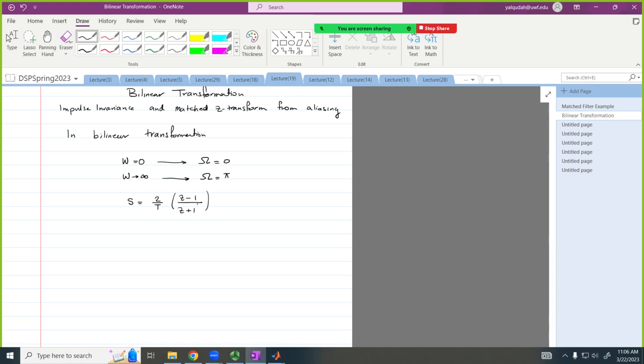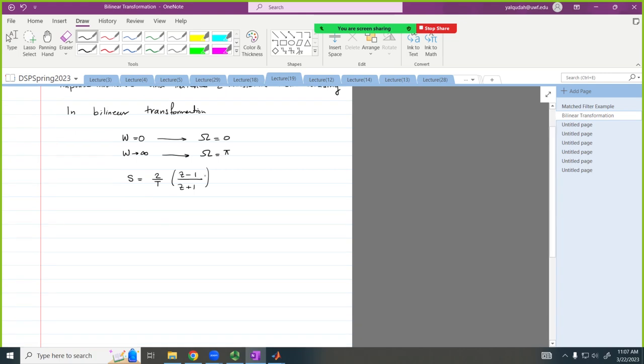What I'm saying is that if you design an analog filter, then replace S with this formula, 2 over T times (z minus 1) over (z plus 1), then your filter that goes from 0 to infinity is going to be transformed into a filter that goes only from 0 to pi. What does that mean? First of all, from this we can write z equal to (1 plus T over 2 multiplied by S) divided by (1 minus T over 2 multiplied by S).